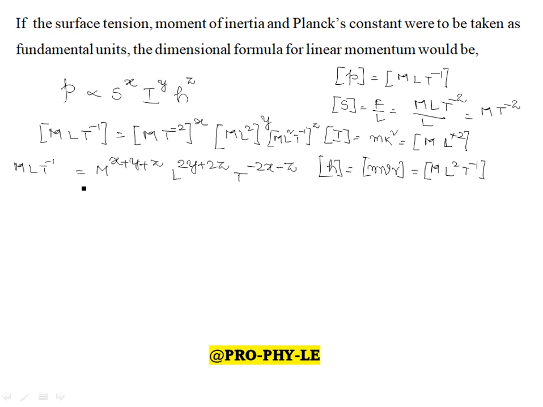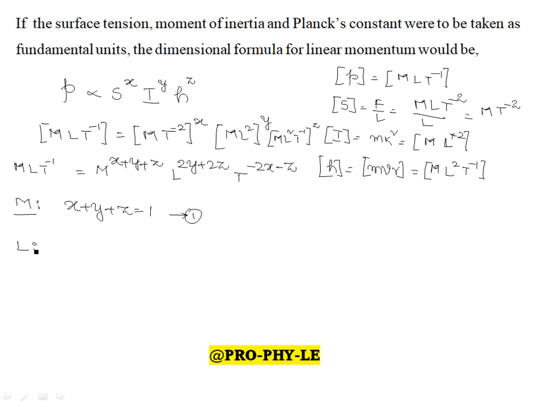Now from our left hand side and right hand side, since bases are same, I will equate their powers. For m powers, x plus y plus z is equal to 1. Let this be equation 1.